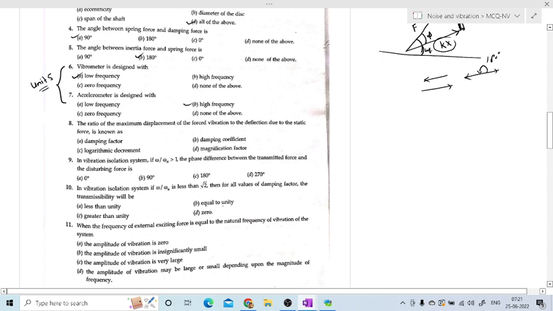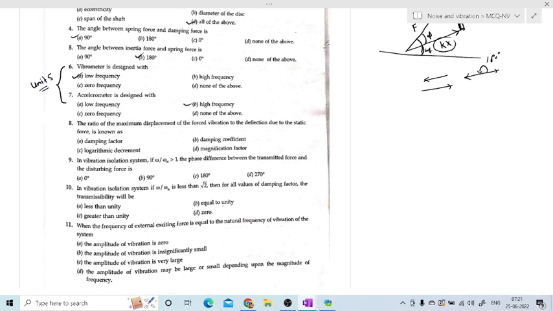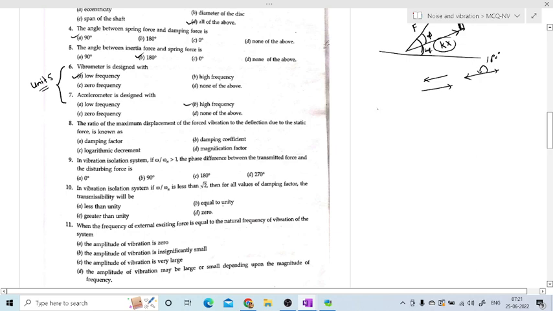Just read the statement. The ratio of maximum displacement of forced vibration to the deflection due to static force is known as. See, for that I am going to write the amplitude of vibration for forced vibration.